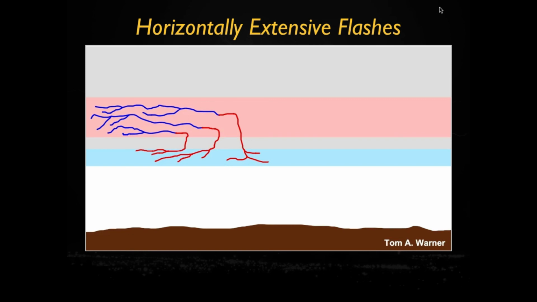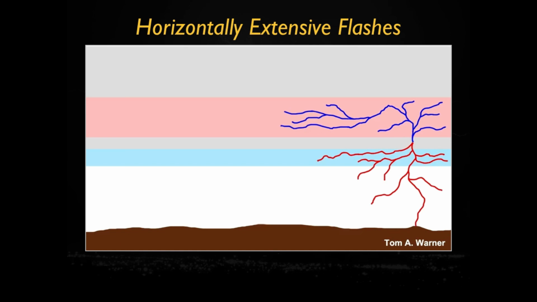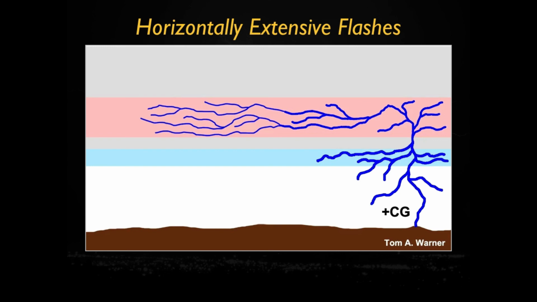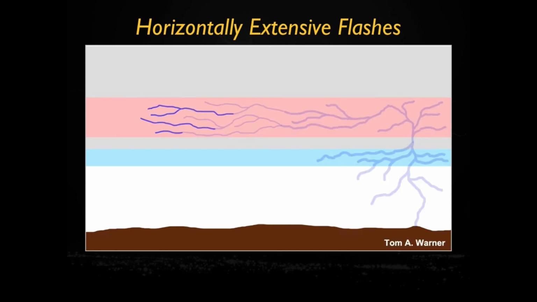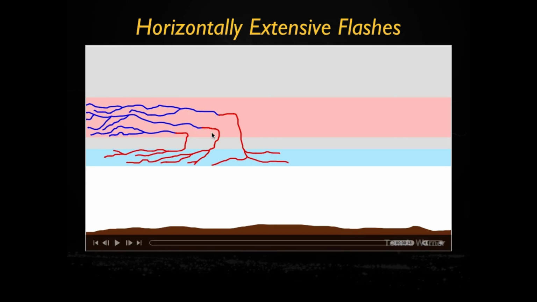So what we're seeing is positive leaders below cloud base, but we also see some multiple flash events following positive CG ground flashes. In this particular case, what we think is going on is we get the positive CG return stroke, and we get the negative leader development that follows the return stroke, but that leader development decays, and then you can see some subsequent positive leader development following that is separate from the original positive CG return stroke.